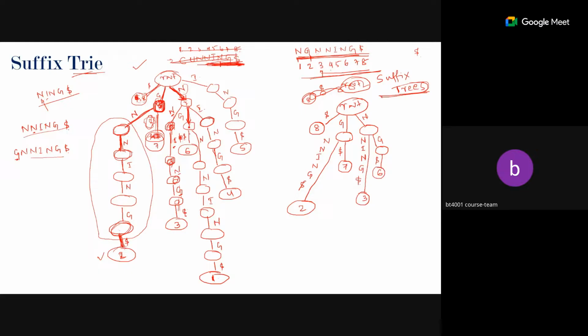Now this path is again the same condition. Every node is having just one child, so we'll remove these circles over here and connect their edges.